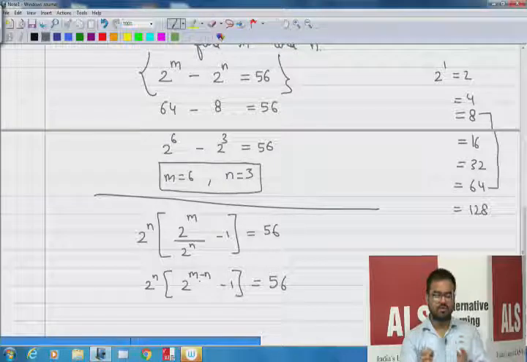So we can convert 56 into a product of some numbers in the same way. We can write 7 into 8 is 56.